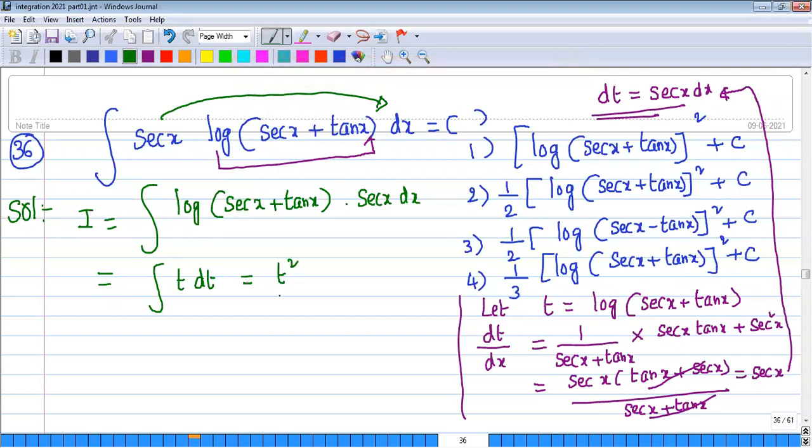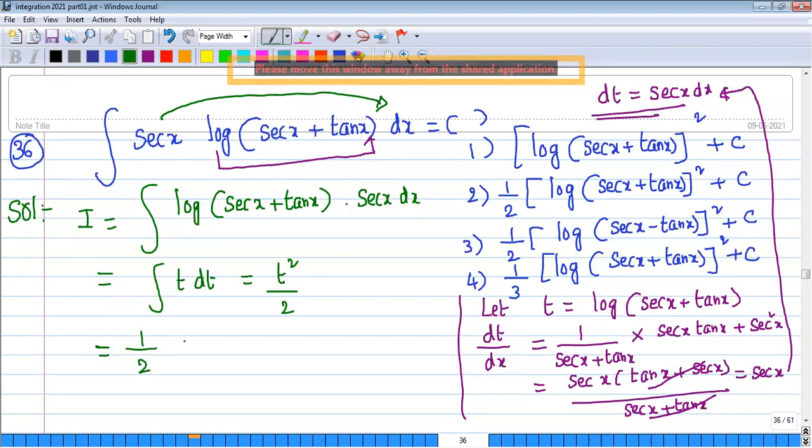This is t square upon 2. So 1 by 2, t square is log (secant x plus tan x) whole square plus constant of integration. Yes, you are correct. Second option is the right option.